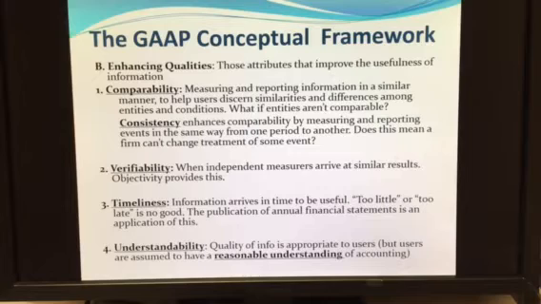Now, keep in mind what we've talked about leading up to this. The qualitative characteristics of accounting information concerns those attributes that make the information useful in decision making. And so these qualities can be understood as, first of all, certain fundamental qualitative characteristics, and that's what we have just looked at.